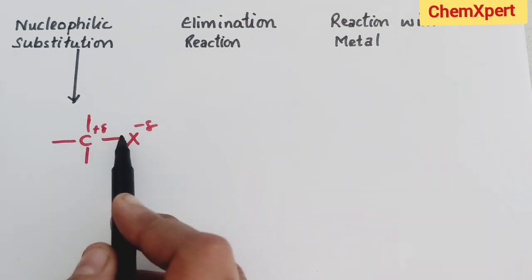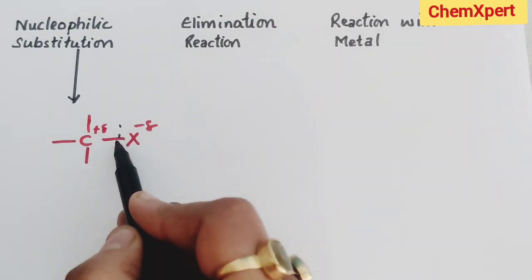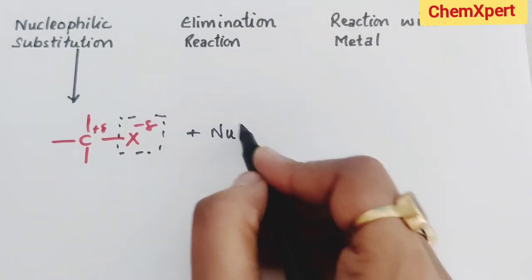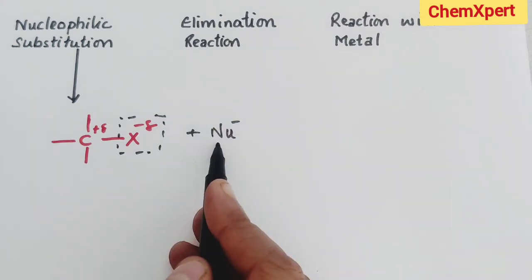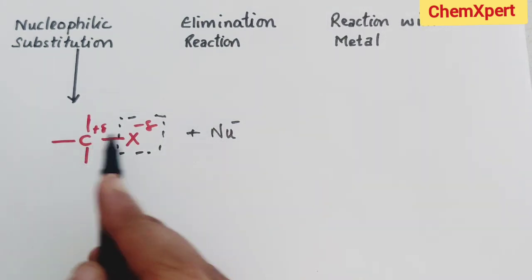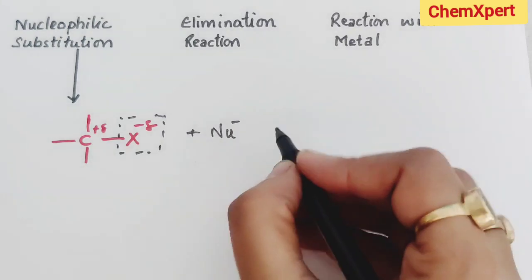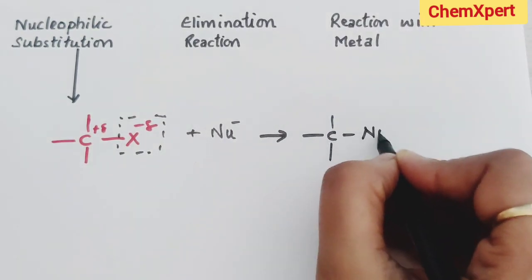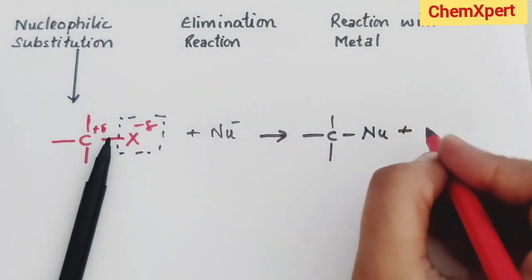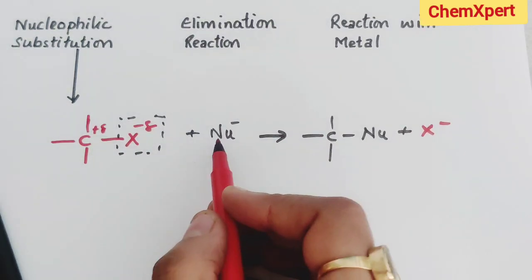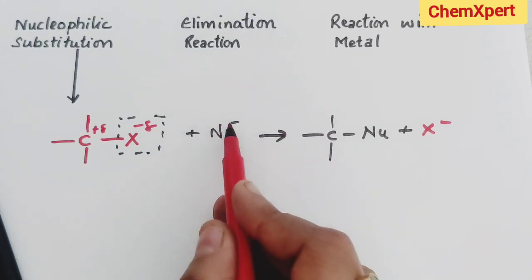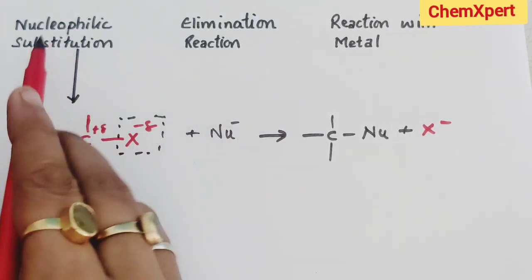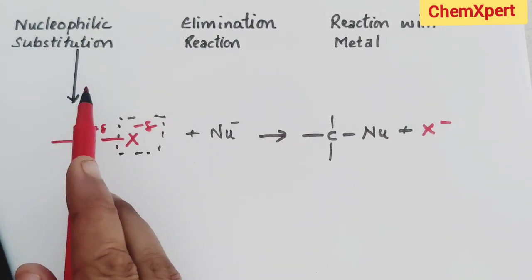Due to this polarity, this X can easily be removed by any other substance, for example by a nucleophile. The nucleophile can easily attack this carbon, which is more reactive than X, so it can easily substitute this X and X is removed. This kind of reaction, where we use a nucleophile to break this bond and substitute here, is known as a nucleophilic substitution reaction.